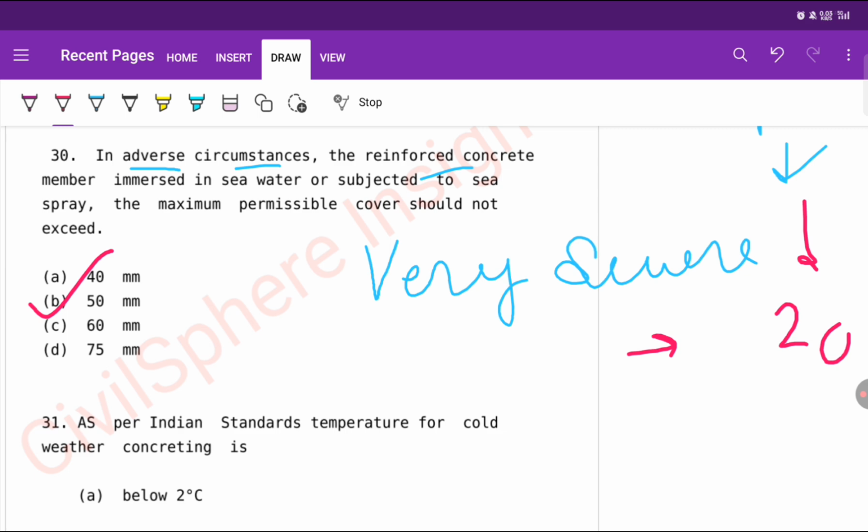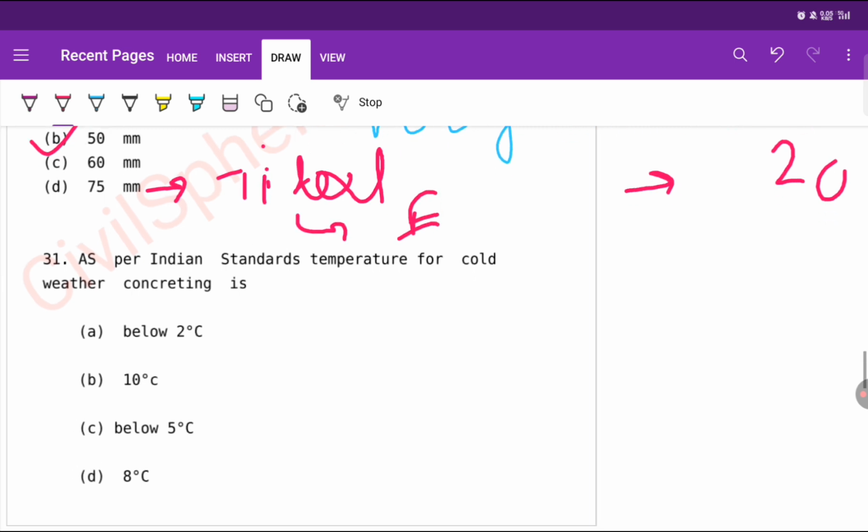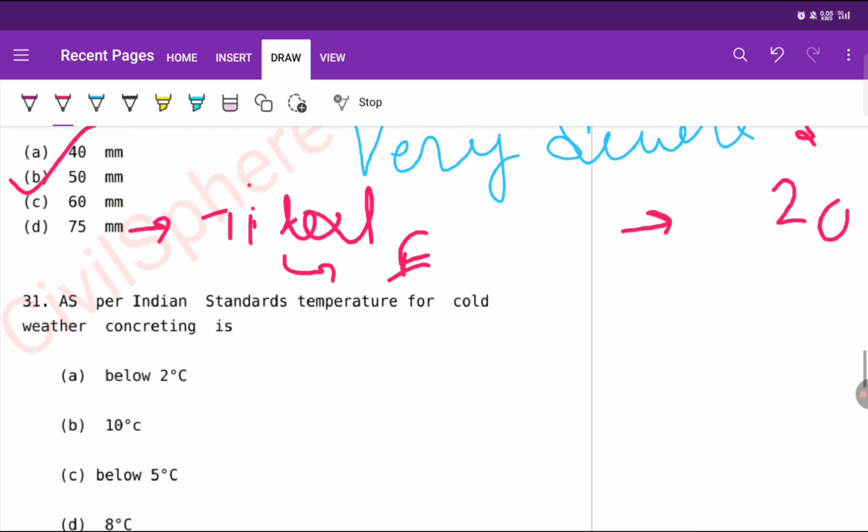Now what about 75? Tidal zone or splash zone. Tidal zone means extreme exposure, when the structure is constantly immersed in water or spray, then we call it tidal zone or splash zone.